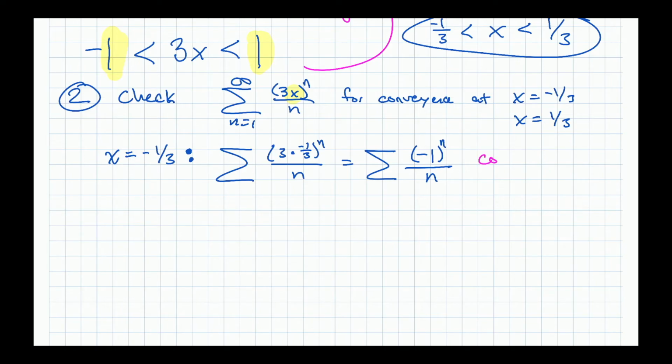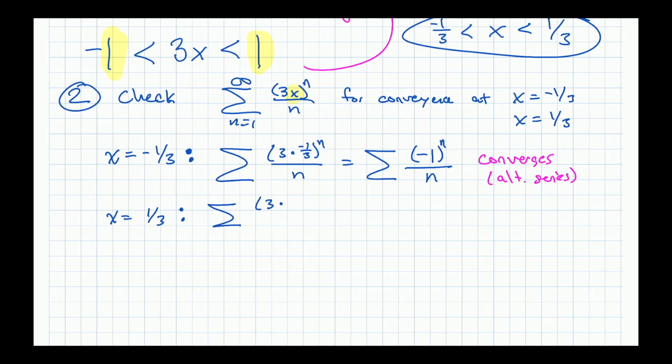So it converges. Why? It's an alternating series, and specifically a convergent alternating series, but I'm not saying all that. You just look at it and say it converges. So then you do the other one, x equals positive 1/3. It doesn't matter what order you do them in.